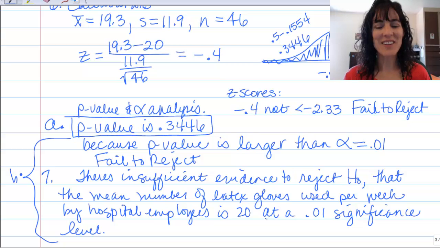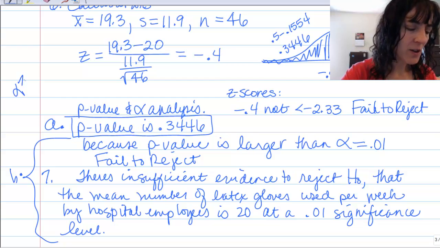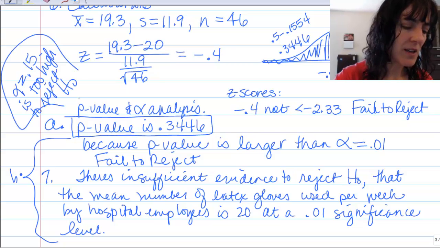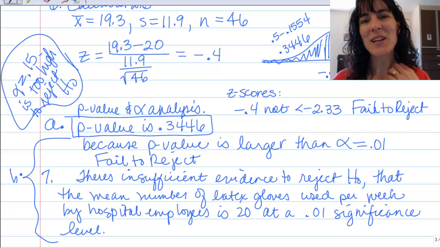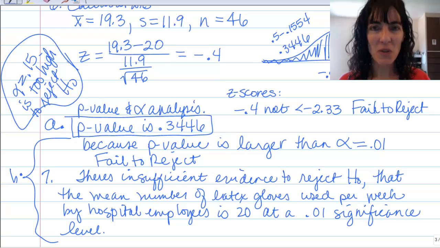And we talked about that in class today, but I just wanted to make sure you heard it again. So alpha equals 0.15 is too high to reject H0. For any study that you ever see, if they're saying it's significant at the 0.15 level, you're going, oh, no, bad study, your results aren't as significant as you think.